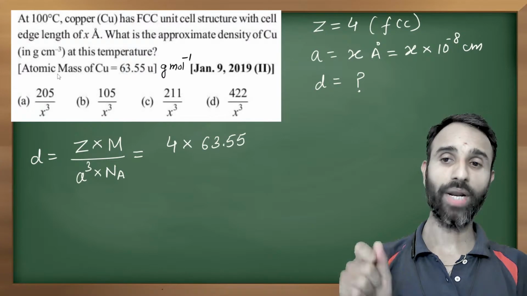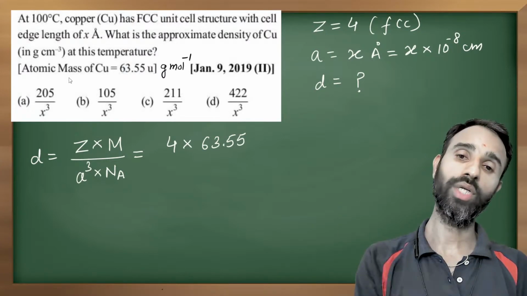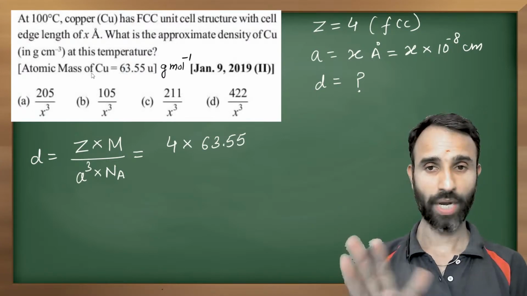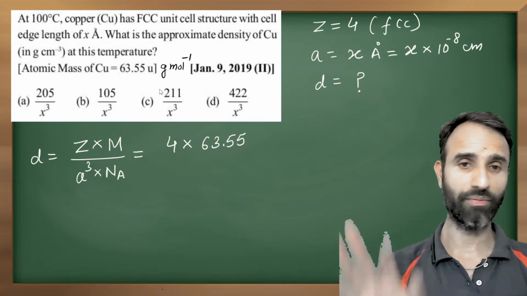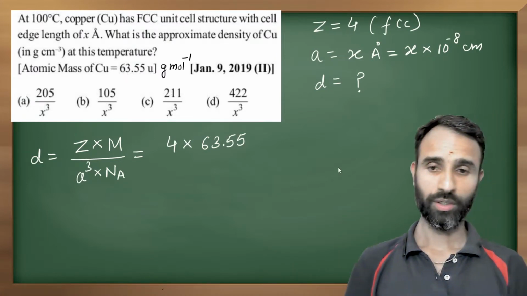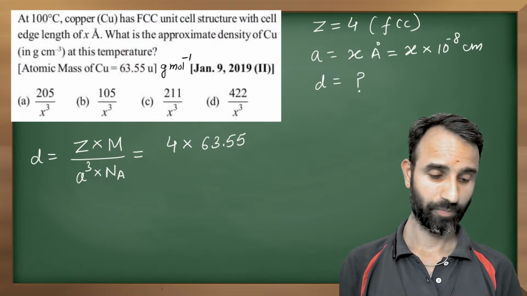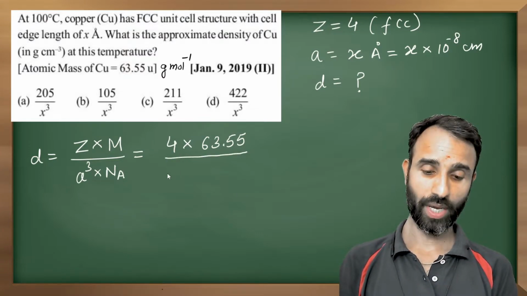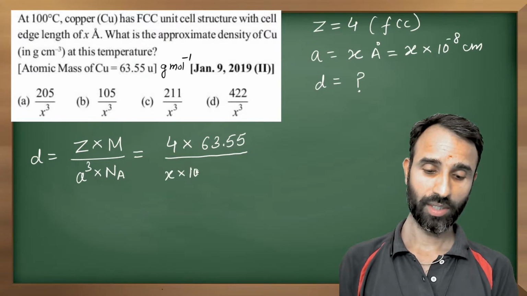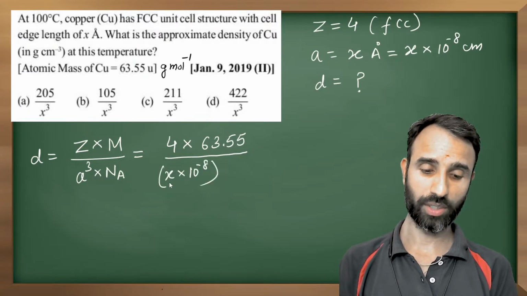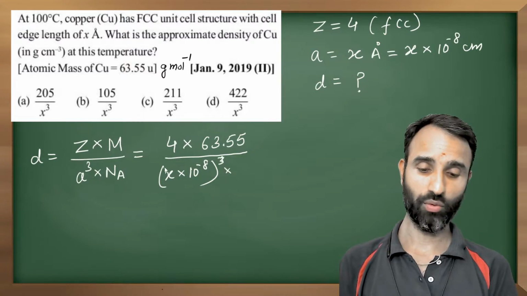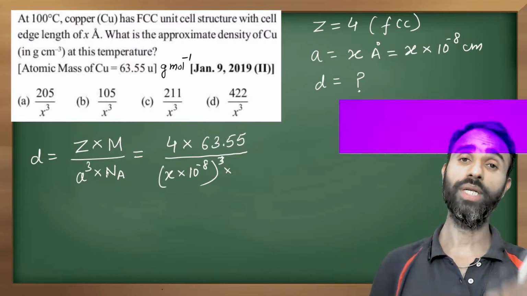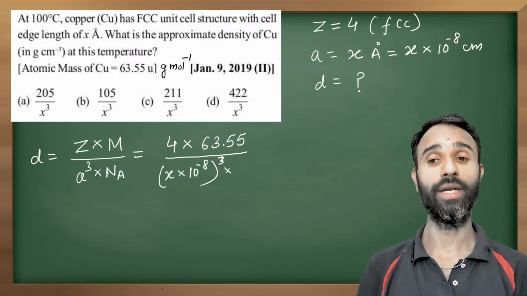If we write it as molar mass of copper, its unit becomes gram per mole, and the value remains same, 63.55. Divided by A cube, so A is x into 10 raised to minus 8 whole cube, because if we use this formula, A should be in centimeter. That you should keep in mind.